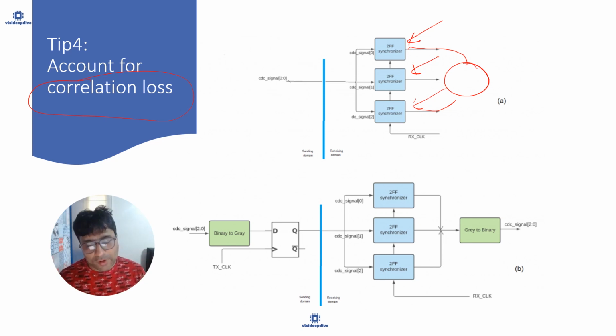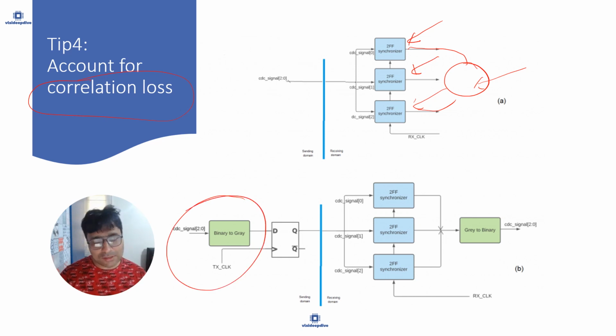If there is no way to avoid this combinational combining of the signals, encode the signals, convert from binary to gray, and after synchronization convert from gray to binary, to account for correlation loss, so that you understand there is going to be correlation loss and you're accounting in your design to take care of that.